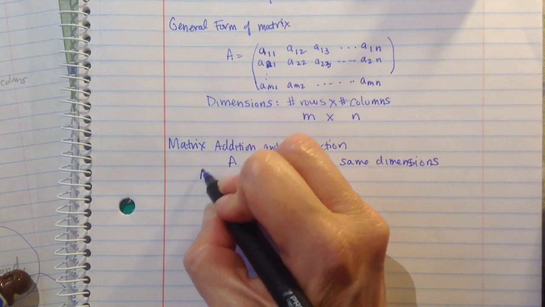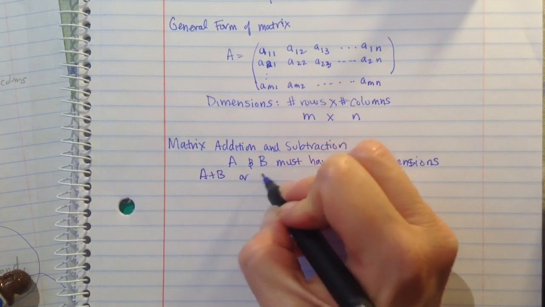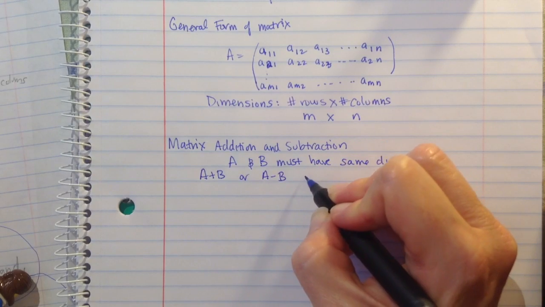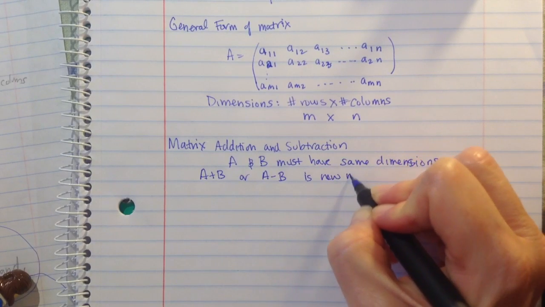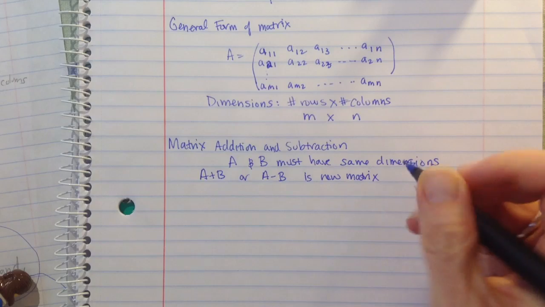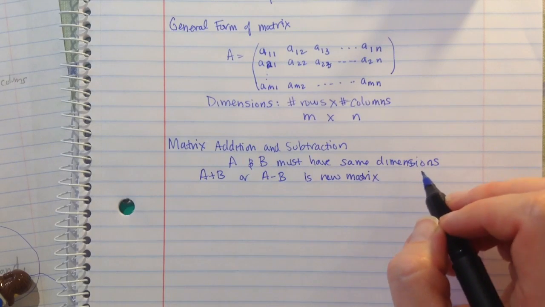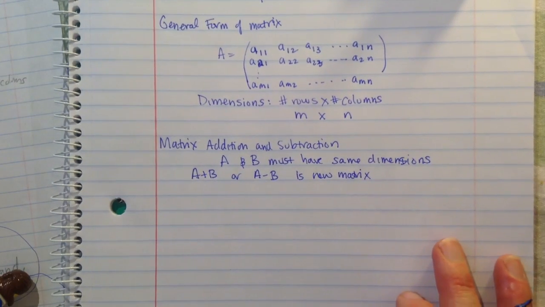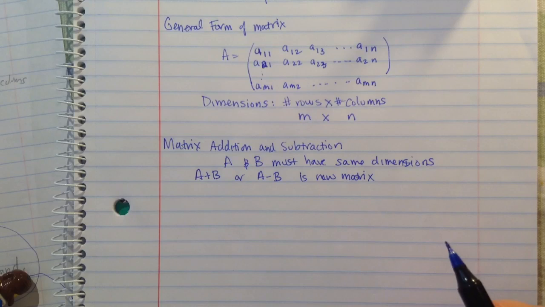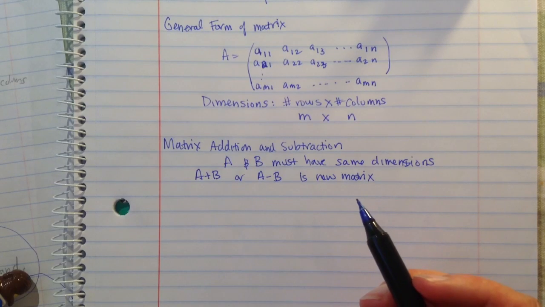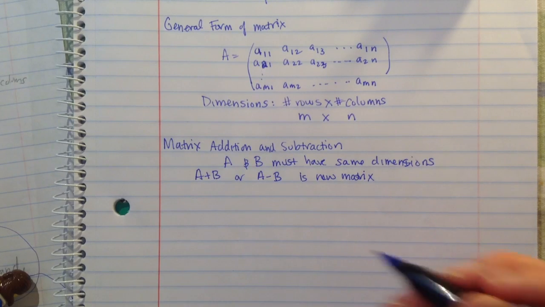And the result of A plus B or A minus B is a new matrix with the same dimensions, and its entries are going to be the sum or the difference of the corresponding entries of A and B.